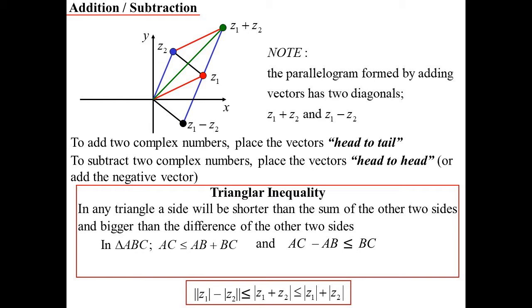So I could also say that the modulus of z1 minus the modulus of z2 must be less than or equal to the modulus of z1 minus z2. But notice I've done the absolute value of that, because when I'm doing subtraction, I might end up with a negative number. So I just want the length. Oh, when does it equal? When they all lie in a straight line, and we're not actually talking about a triangle.